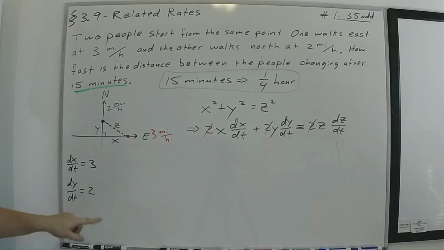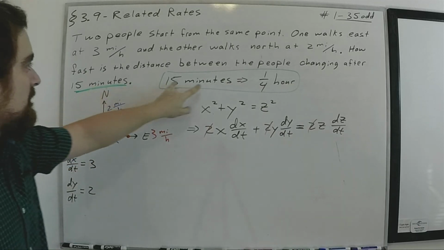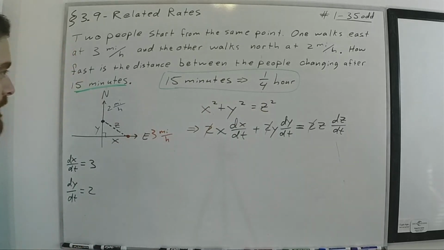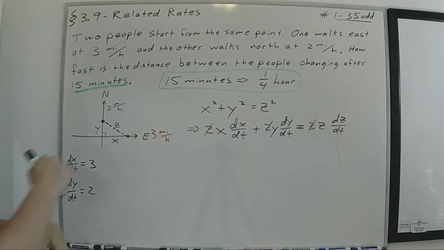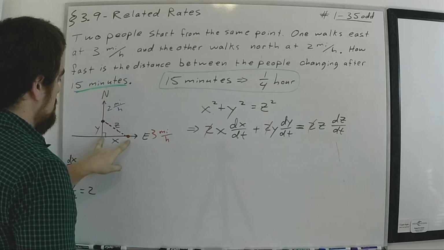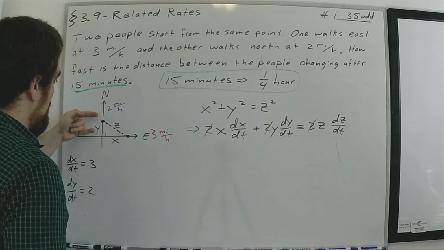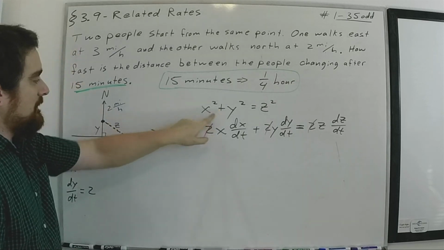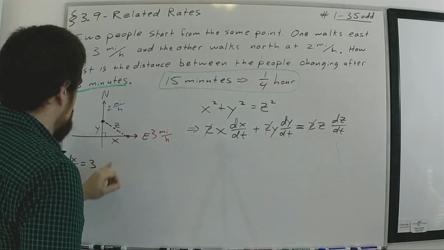But what we need to know is what to do with this 15 minutes, aka 1/4 of an hour. All right, so what we need to do is after 15 minutes, how fast is that distance increasing? Well, then we need to know where these people are at 15 minutes. Meaning I need to go back to my formula and see how far away these people are.